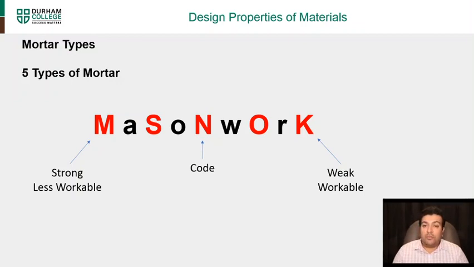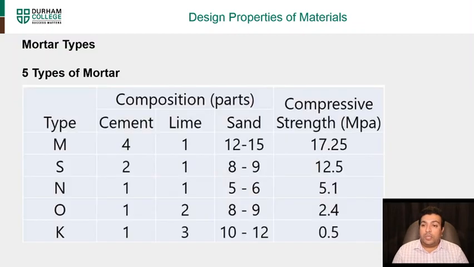All of these have different uses and workability. So we can see type M, S, N, O, K. These have composition parts, and they have different compressive strengths. For example, type M has four parts cement, 1 part lime, and then 12 to 15 parts of sand. This is how we say the CLS combination.